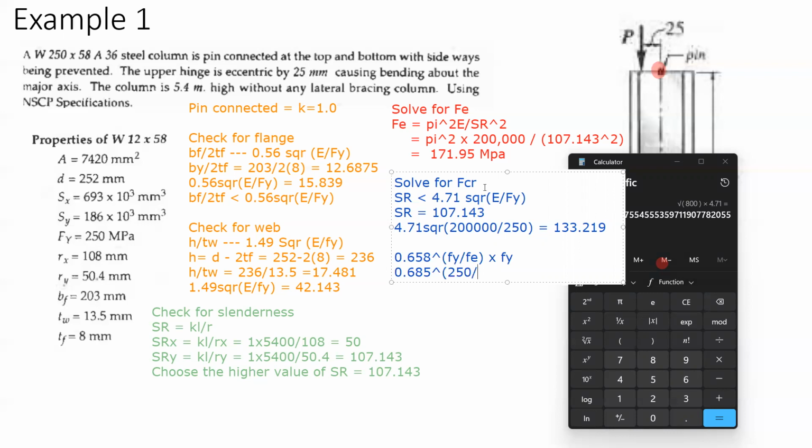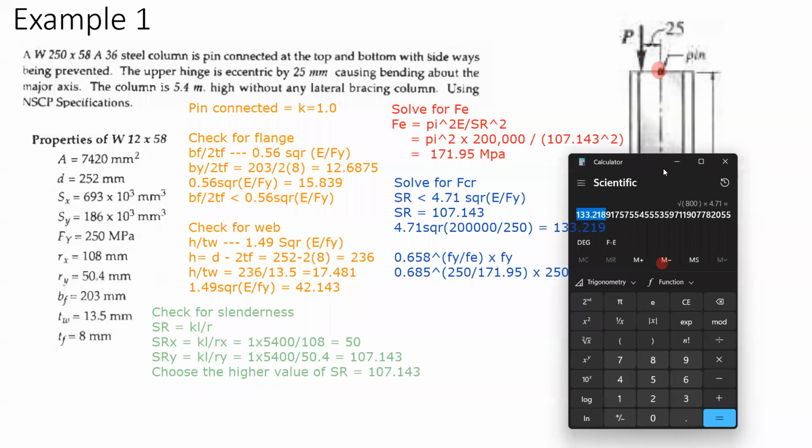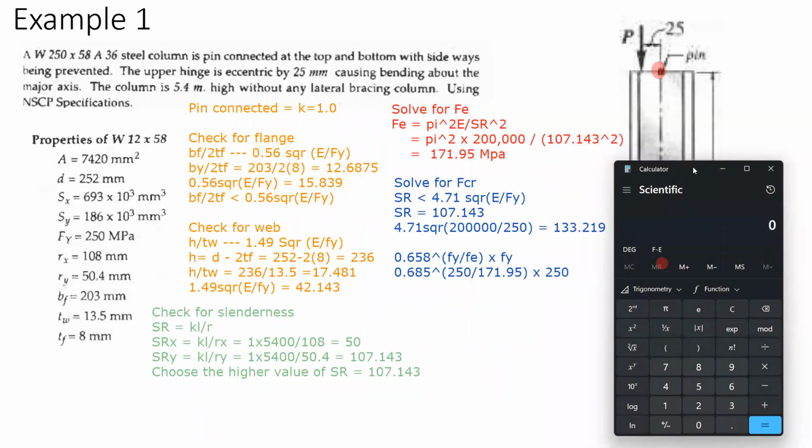Fe natin, we solve that as 171.95, times Fy. 0.658 raised to 250 divided by 171.95 times 250.